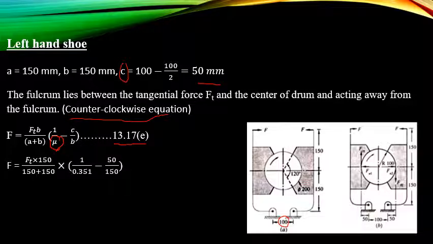So substituting the values of mu dash, A, B and C, keeping the Ft as it is, let us denote this by Ft1 for the left hand shoe. That can be given in terms of F as 0.795 F.